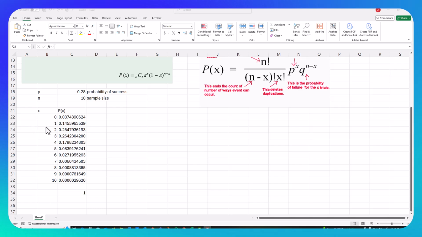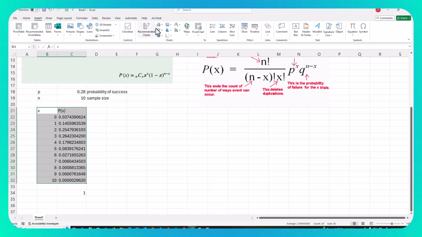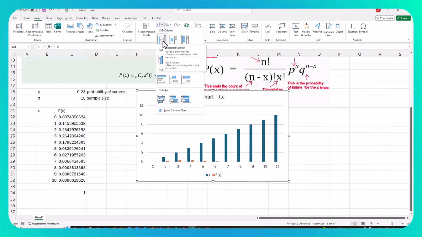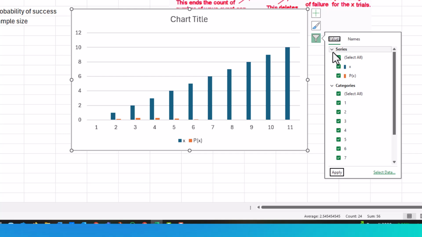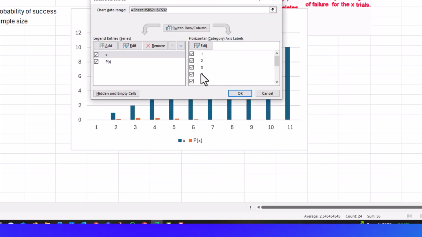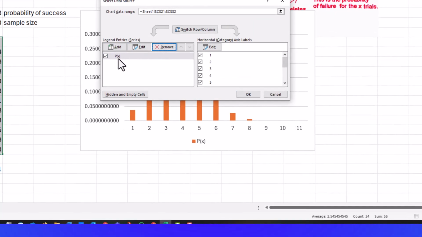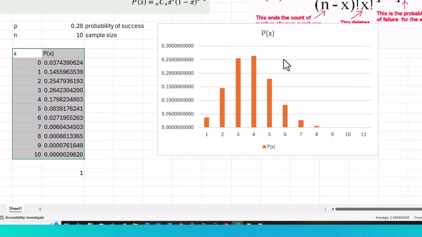All right, and now that I have this probability distribution, what's kind of nice is in Excel, you can highlight these and do a bar graph. Now it does something a little funky because it's showing the counts here, but what I can do is filter this, and I just click select data. I don't want the X values, I only want the probabilities.